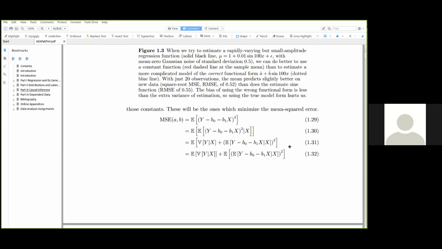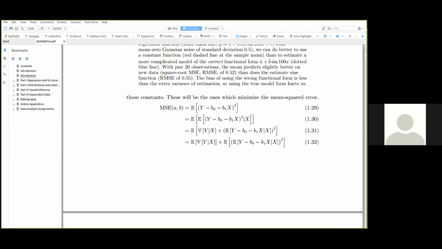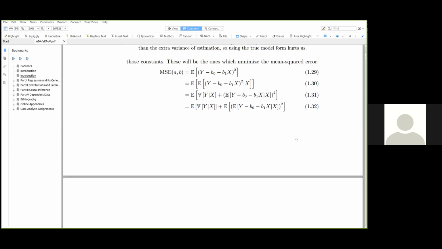Now, we use the mean square error because we want to minimize that. By minimizing it, from 1.29 to 1.30, we again use the law of total expectation. After that, again we use the definition of variance to simplify it. Then in 1.32, we can see that the first term does not depend on beta naught or beta 1, so it doesn't involve b0 or b1.